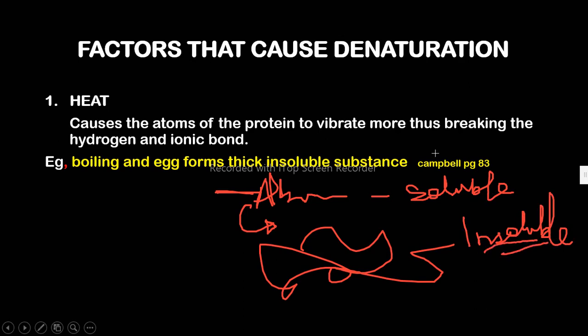So that's why you boil an egg and it solidifies, even when you mix it with water. You boil, the egg solidifies, and the water remains in the saucepan, because the heat is too much and the protein is denatured into an insoluble form. It's as simple as that.